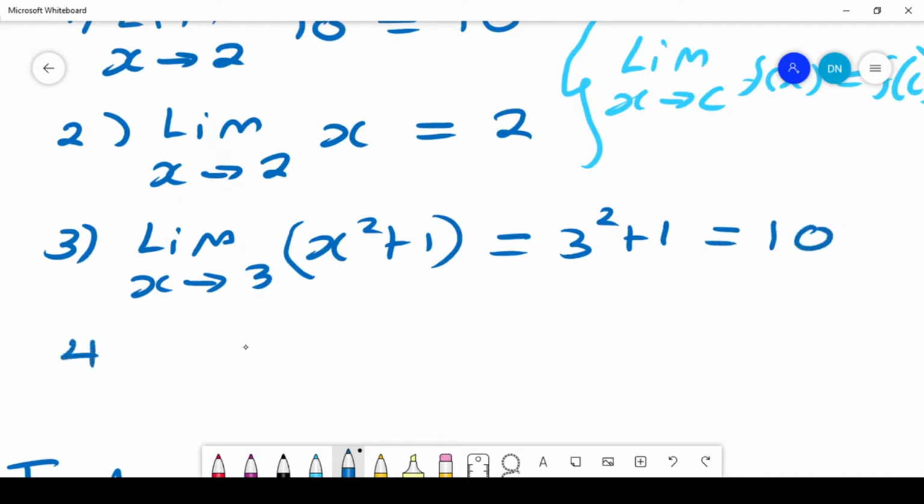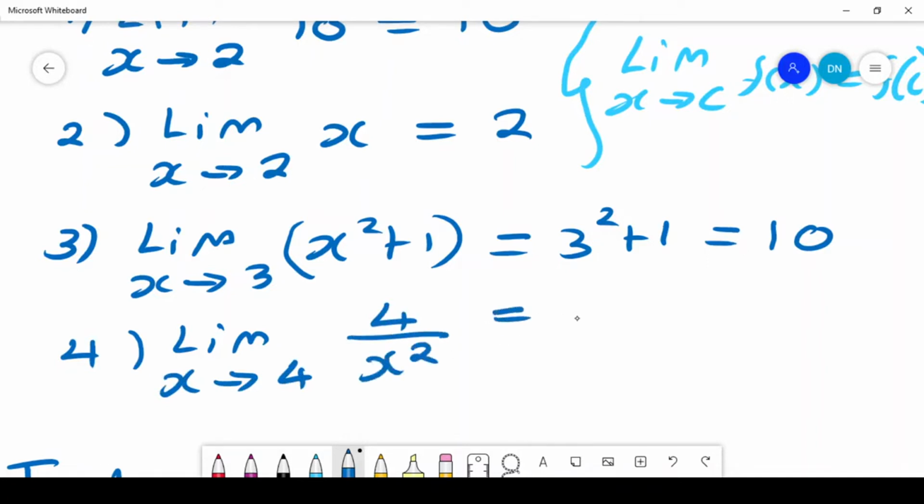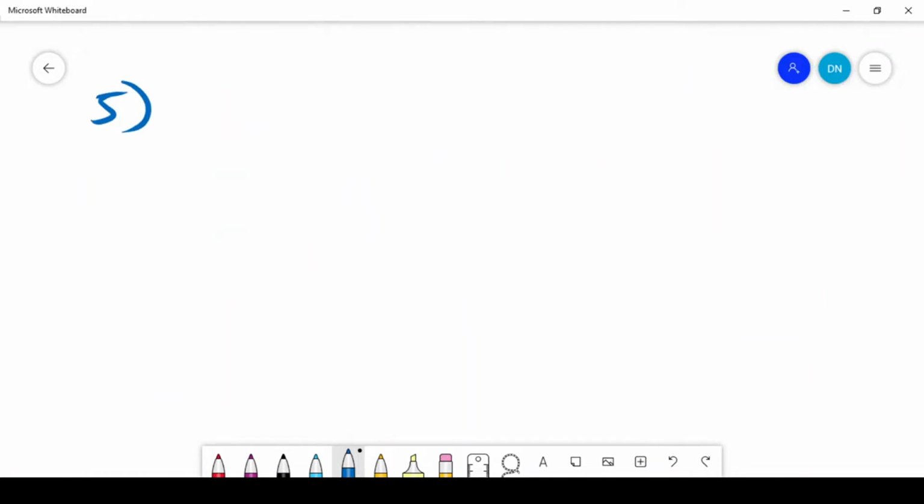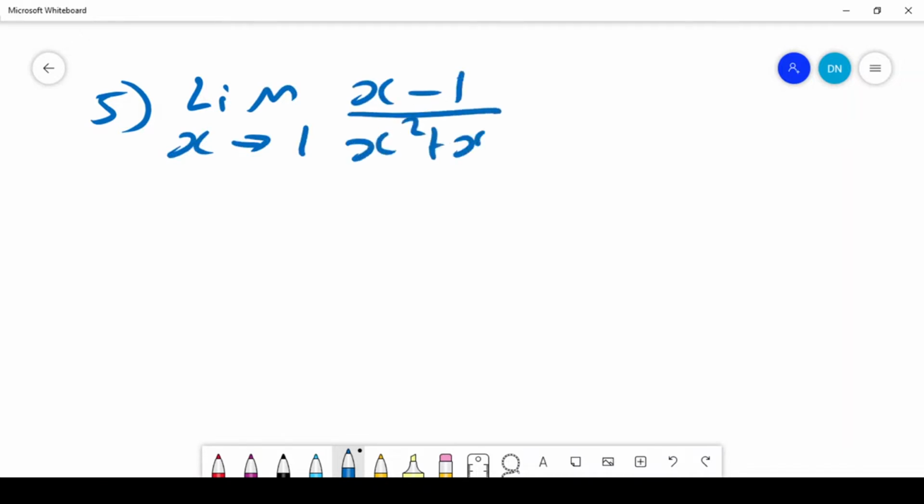What about in cases like limit x tends to 4 of 4 over 4 x squared? That will be 4 over 4 squared, and that will give us 1 over 4. Example number 5. If I was to get the limit x tends to 1 of x minus 1 over x squared plus x minus 2.